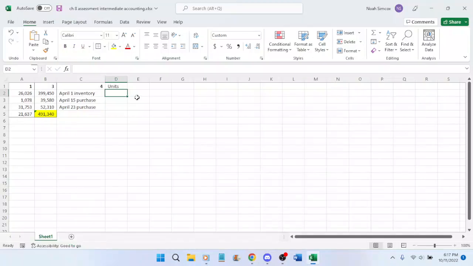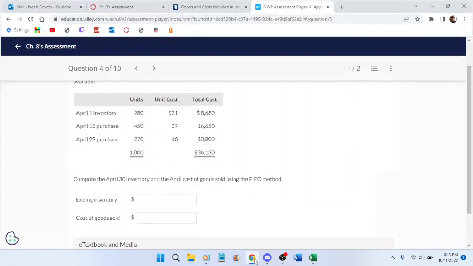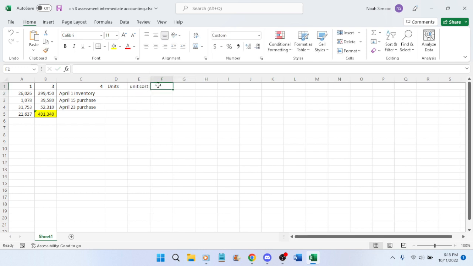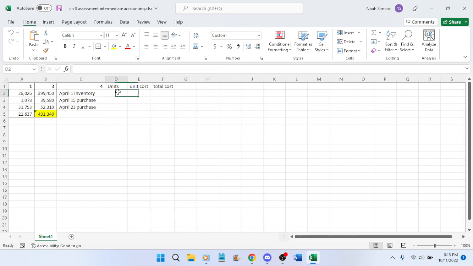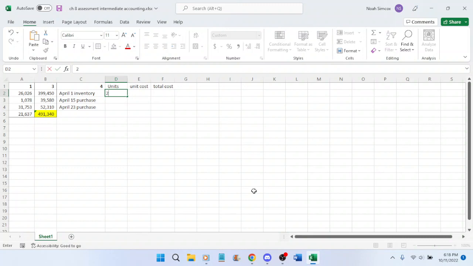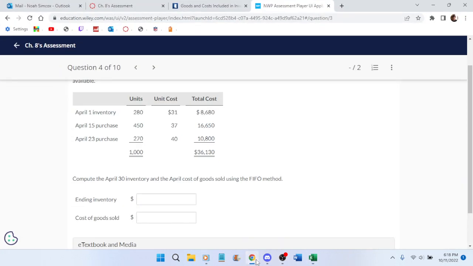We want unit cost and total cost. Crap. This is why I wish I could copy and paste it. Total cost. 280, 450, 270. Unit cost 31, 37, 40.